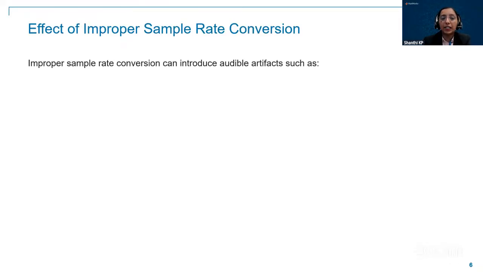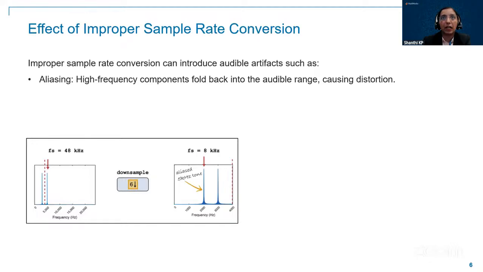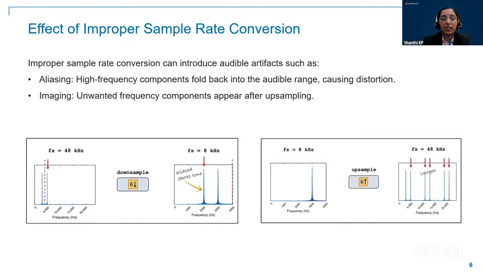There are various issues with improper sampling rate conversion. One common issue is aliasing, where high frequency components fold back into the audible range and cause distortion. Another problem is imaging.